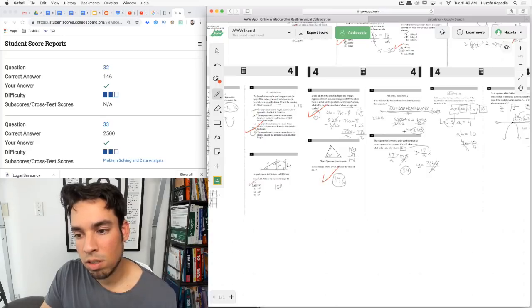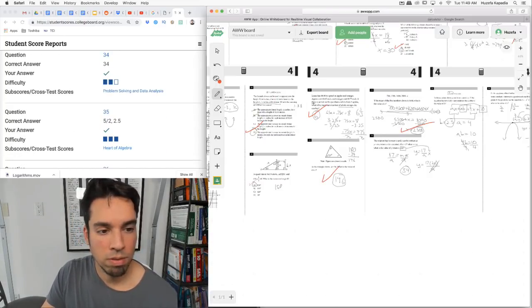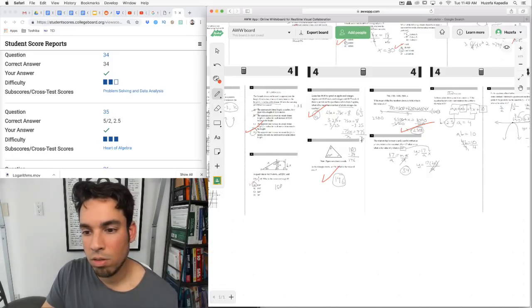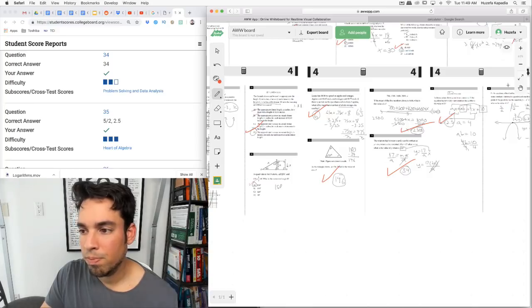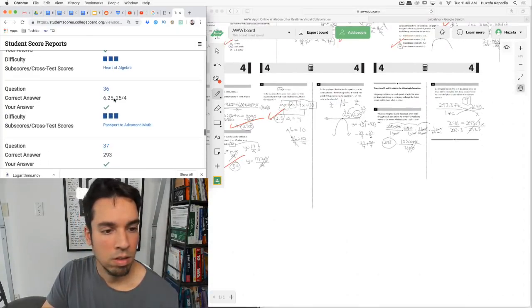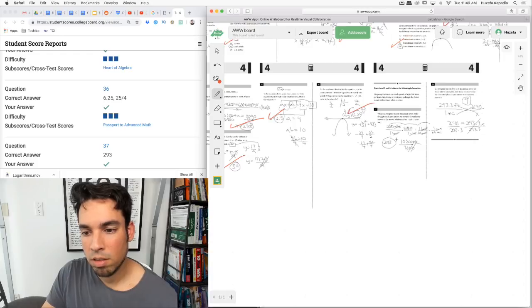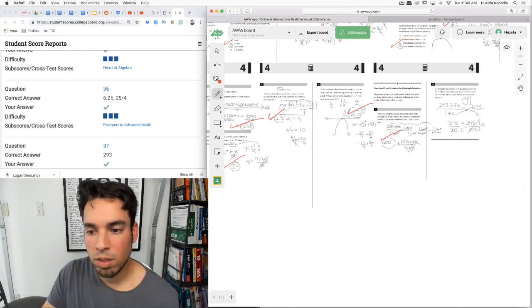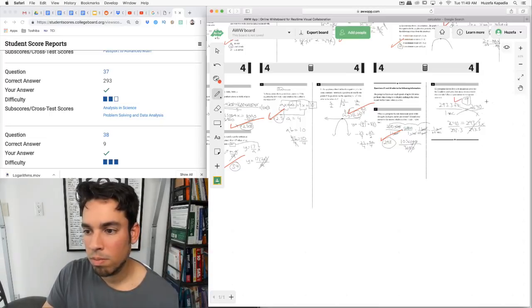Then we've got 34. 34 is 34. Huh, I didn't even notice that. And then this is 2.5. Boom. 6.25. I remember that as correct. And this is 293 and 9. Boom. All right, done.